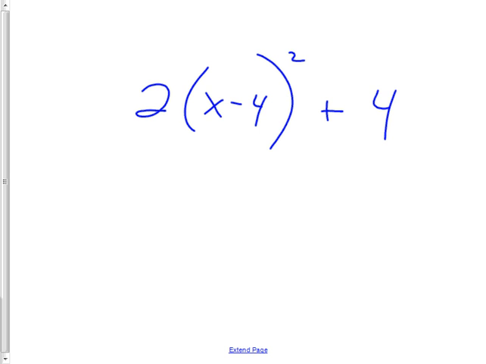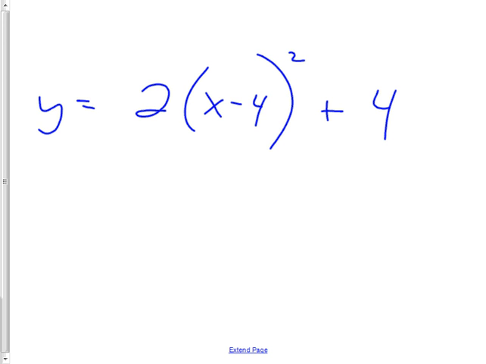Here's another one. What's the y-intercept on that one? Seems like it should be 4, but it's not. Okay, try to figure out the y-intercept. Use your big brain. Scratch something on paper.